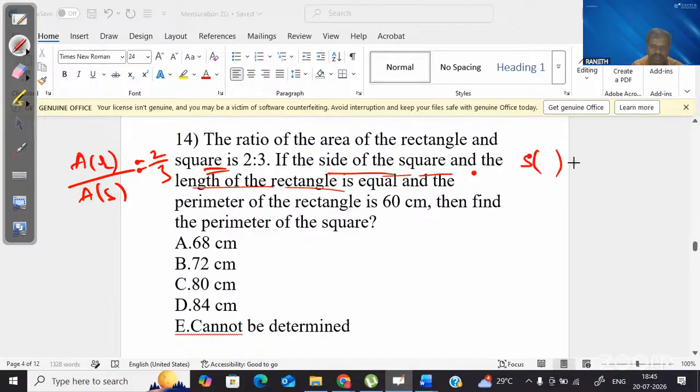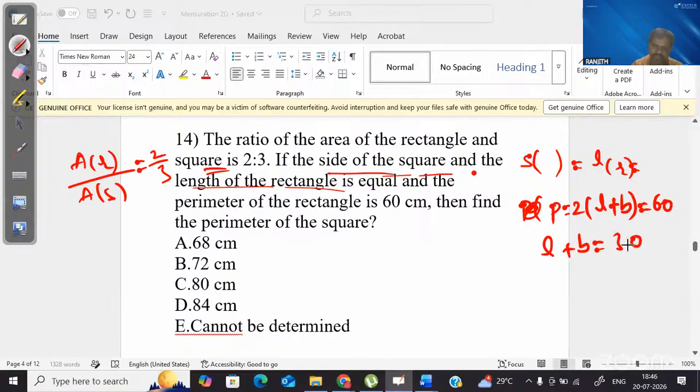What is the perimeter of rectangle? 2 times of L plus b equal to 60, where L plus b equal to 30.